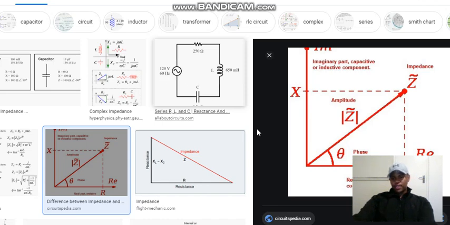But basically, in this part of the world, you can have the imaginary part, which is the reactive part. Do we call it reactance? I think we call it reactance. It's the resistance from the capacitive and inductive components, and so together they make an impedance.